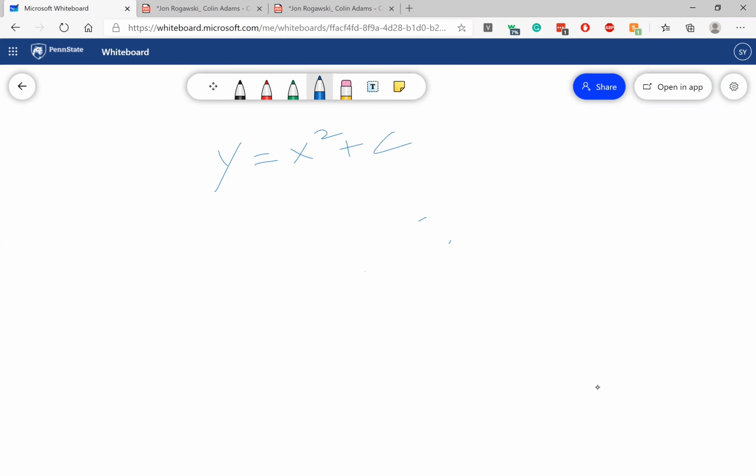So anything in this form, the plus c is going to tell you where you intercept the y-axis, and then you're going to have a parabola. If you go to plus and minus infinity in terms of x, you go to plus and minus infinity in terms of y.